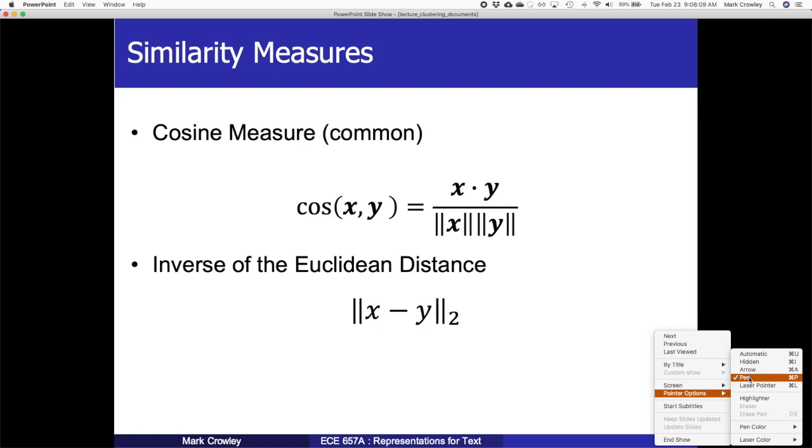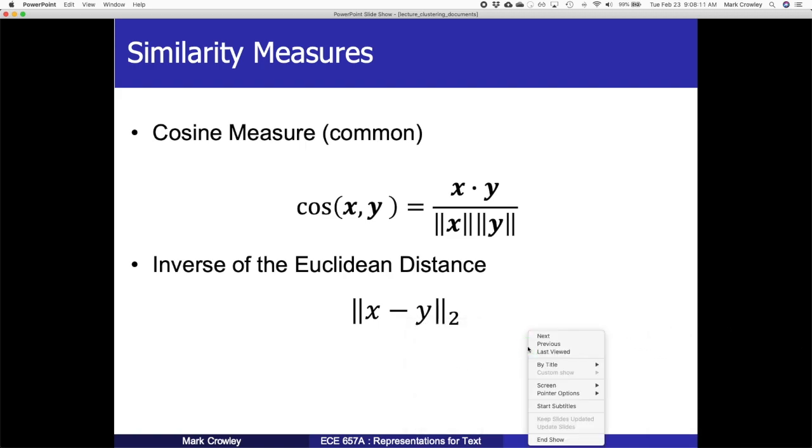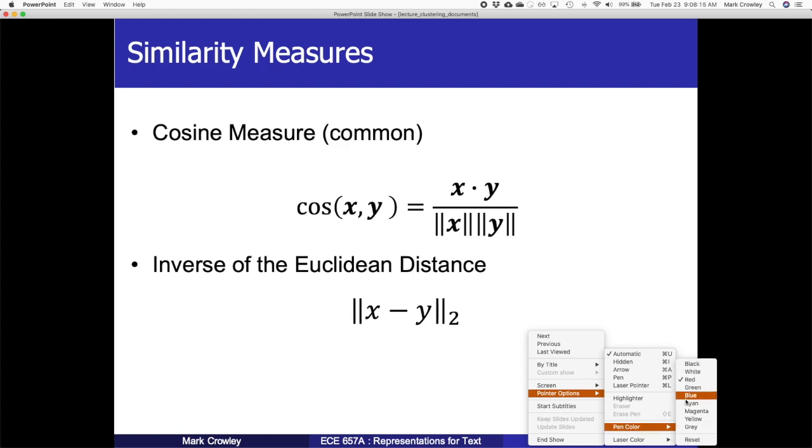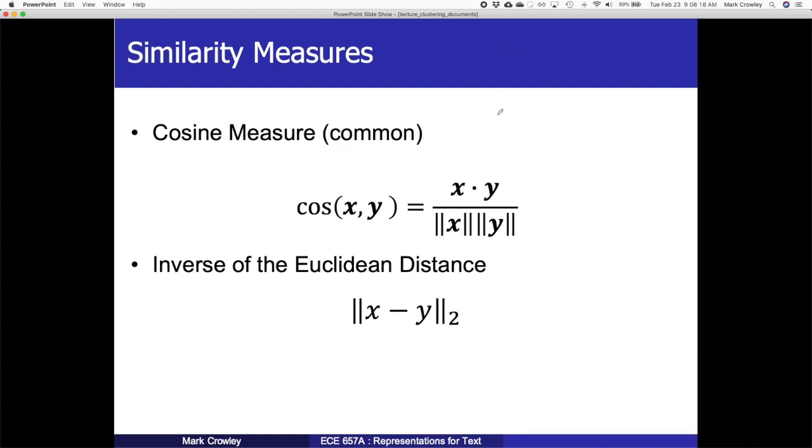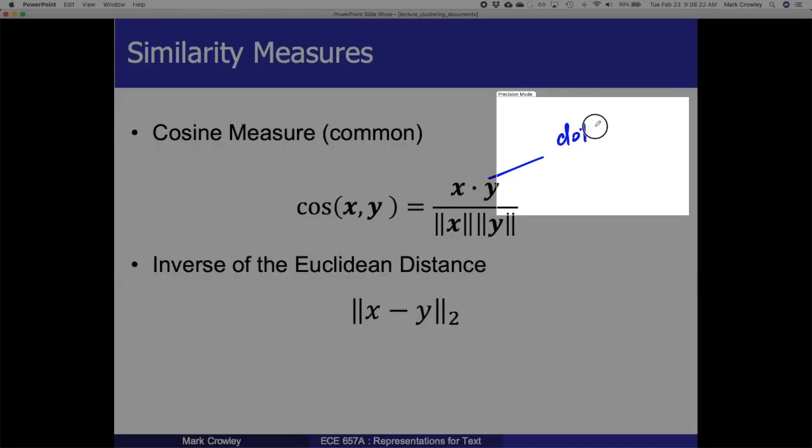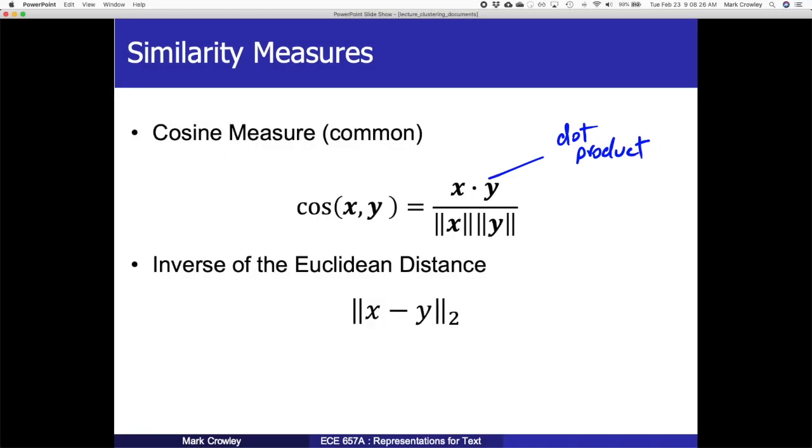So if I have the pen turned on, we'll have blue. We have the dot product, right? And the dot product includes this idea of the scale of the two vectors as well as the angle between them. And so you can get the cosine out of it, or you can get the angle out of it.